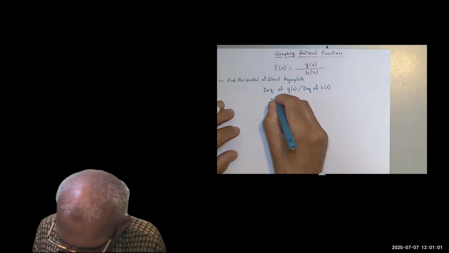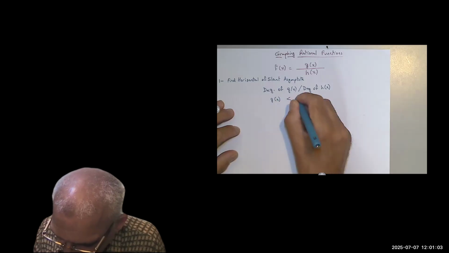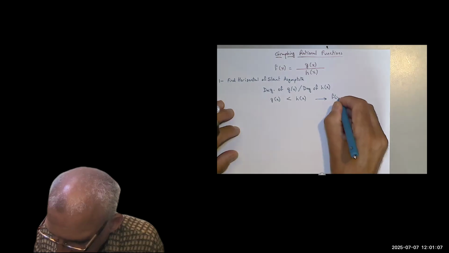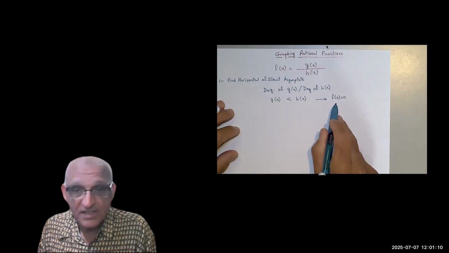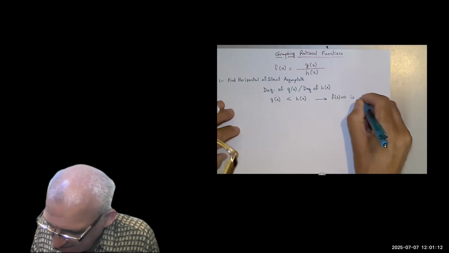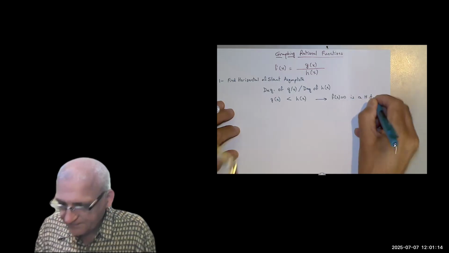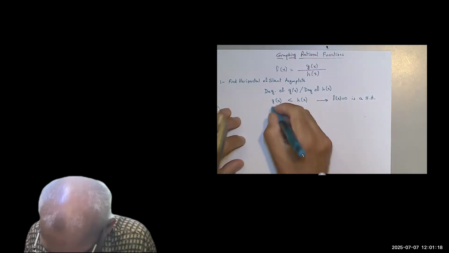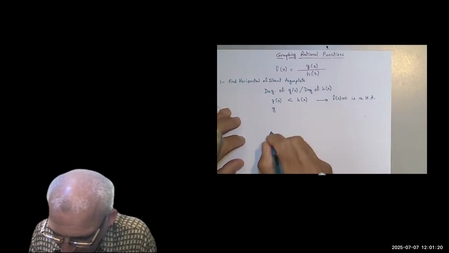If the degree of g of x is less than that of h of x, then f of x equals 0, which is the horizontal axis, is a horizontal asymptote. It's as simple as that.